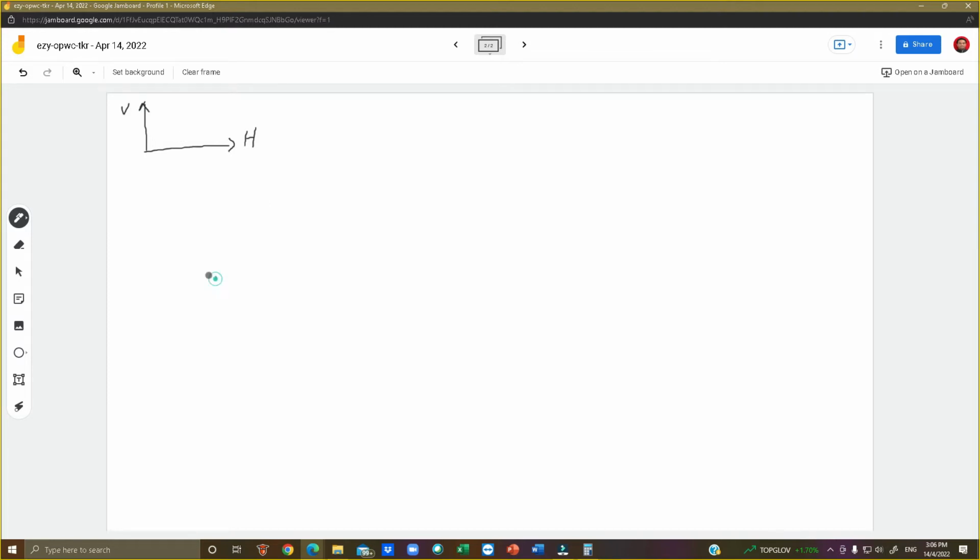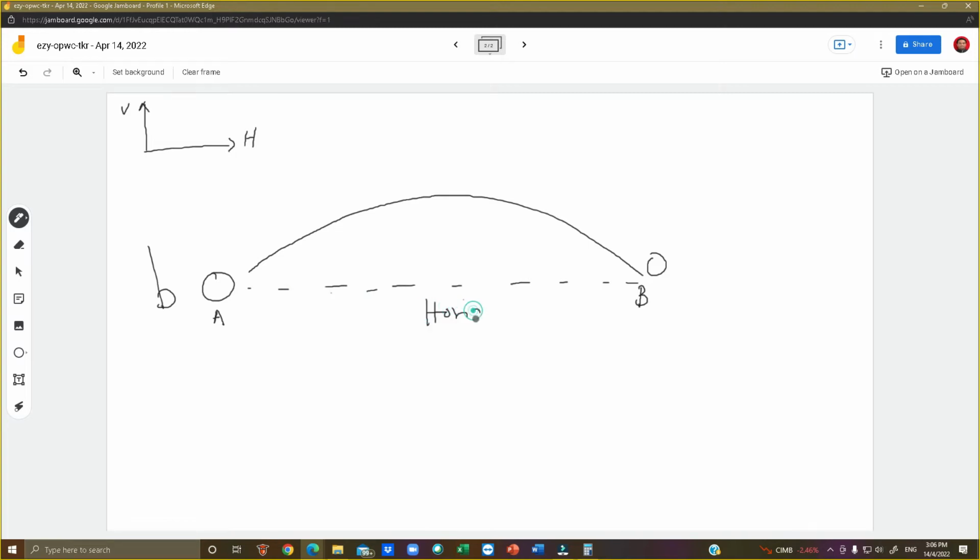Example, we have a ball, it being kicked, cause the ball to travel. So this is point A, this is point B. Between point A to point B, this is the horizontal aspect of the motion.